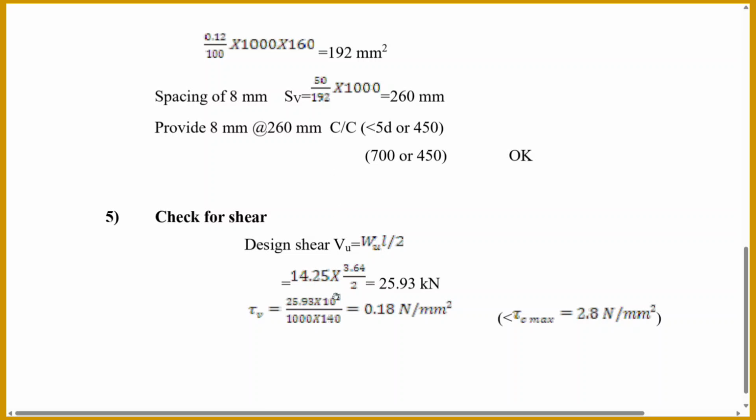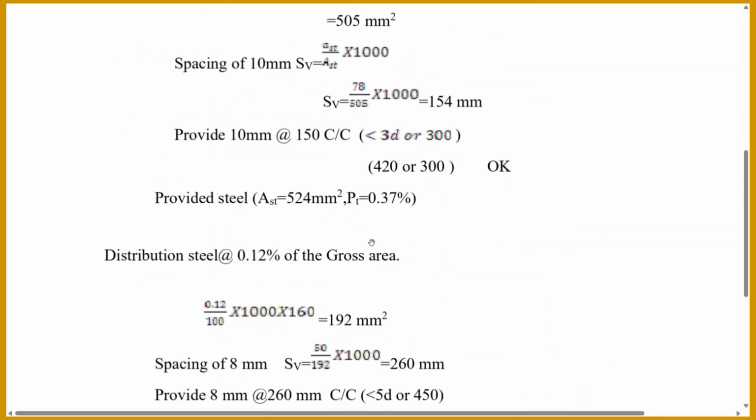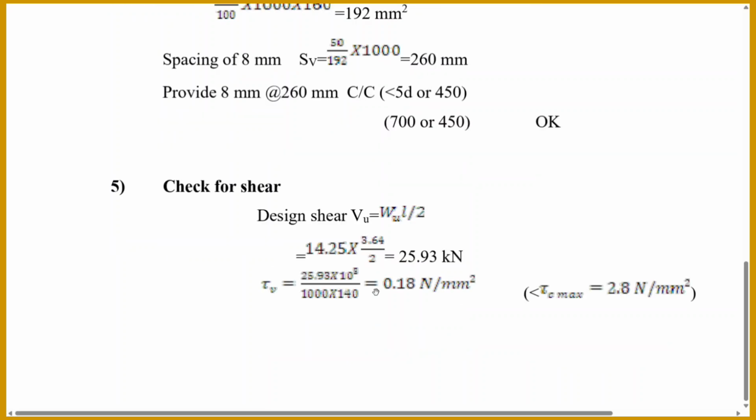As the slab is given, our W is divided by 2, means our total W is 500 from the previous equation. From that you will find the design shear is 25.93, and we will also have to derive the tau v value. Tau v is Vu by Bd. This is the Vu value.